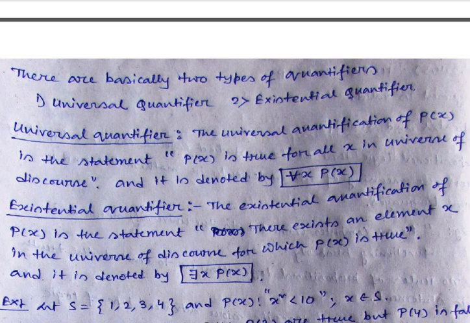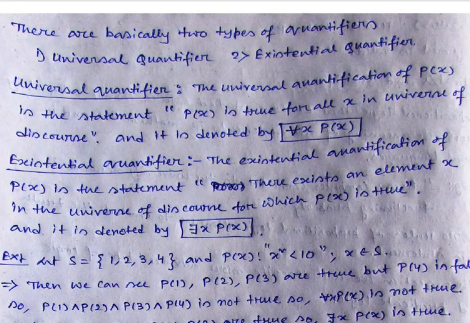Now, similarly, what is an existential quantifier? We can make another statement. It may be possible that there exist some values of x in the universe of discourse for which P(x) is true, and for some values of x P(x) is not true. We find those values of x for which P(x) is true.